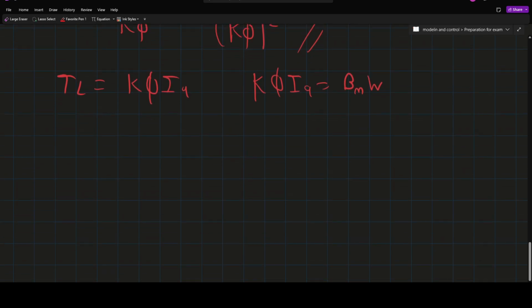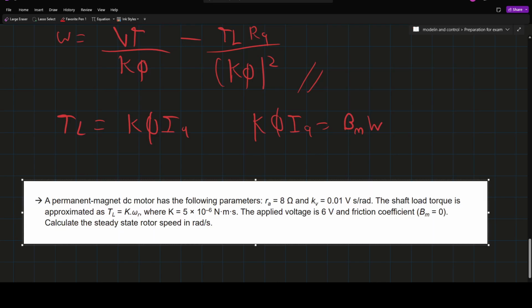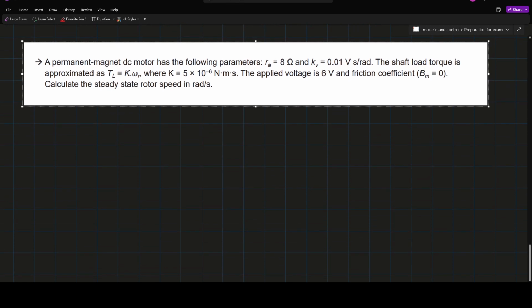Okay, so now that we have reviewed everything about the DC motor, we can start doing some exercises. First, they are asking us for B, our friction coefficient. We know our formula for our speed is terminal voltage over K phi minus Ra over K phi squared times our load torque.